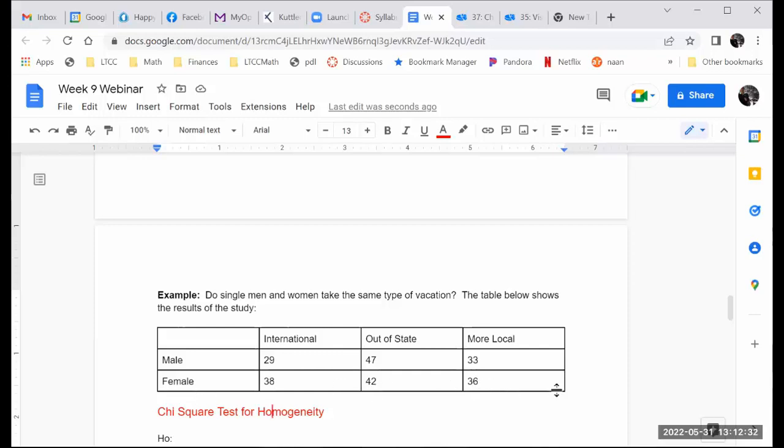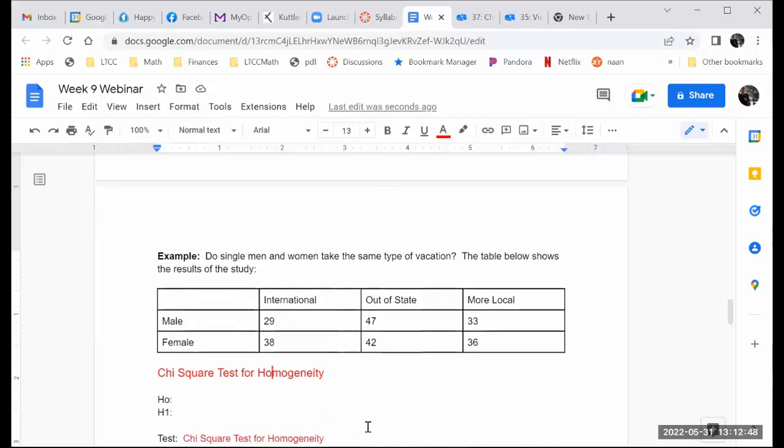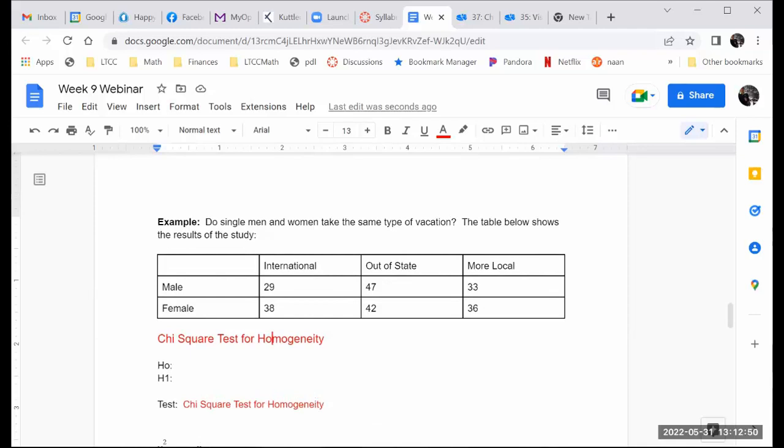This one comes up in a lot of places, where it could be men versus women, or it could be one method of doing something versus another method, and what are the results? So there are all kinds of different homogeneity tests that can happen.